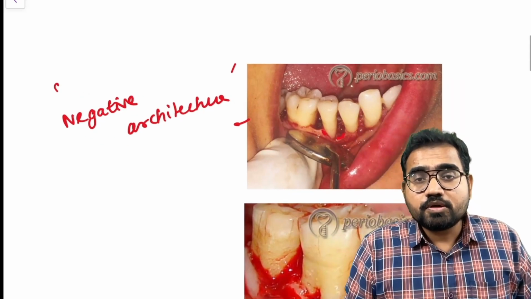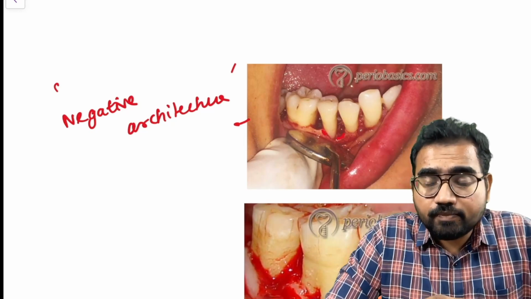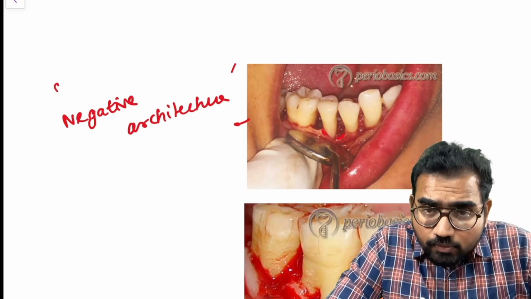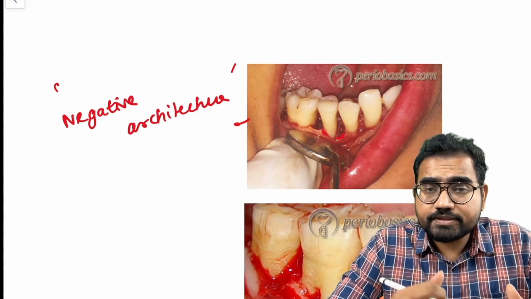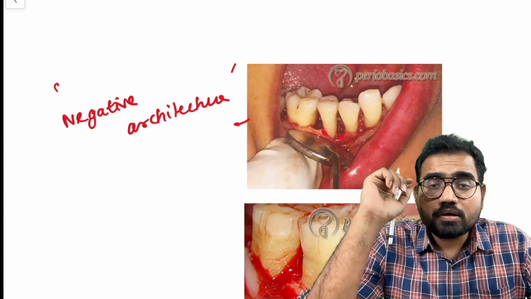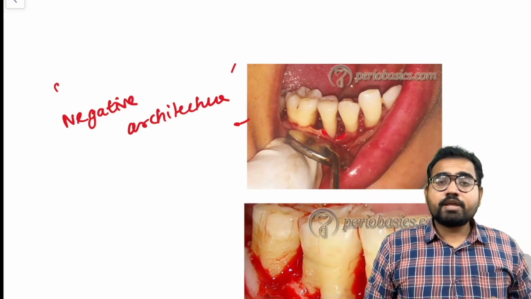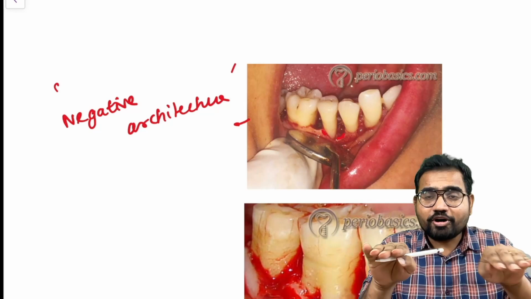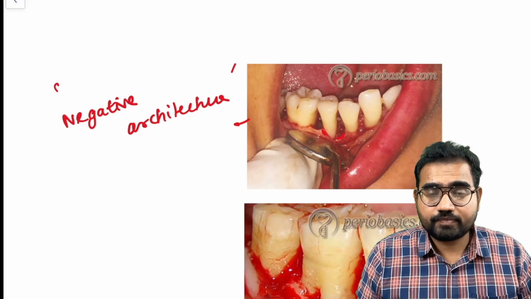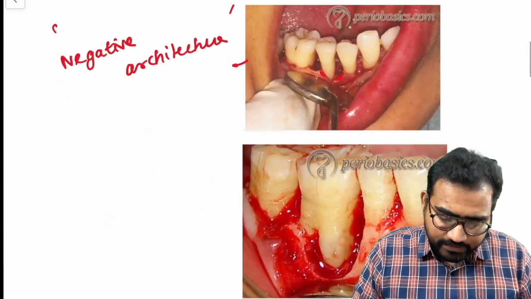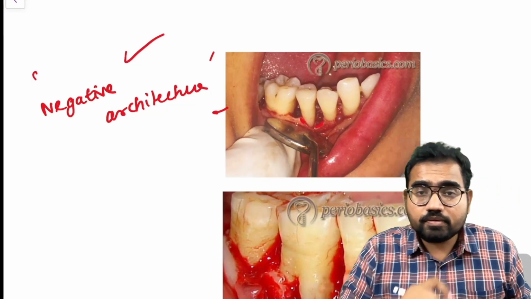So positive architecture is when the interdental bone is above the interradicular bone, negative architecture is when the interdental bone is less than the interradicular bone. Now, if the interdental bone and interradicular bone are at the same level, then that is called flat architecture. Okay, fine, excellent.